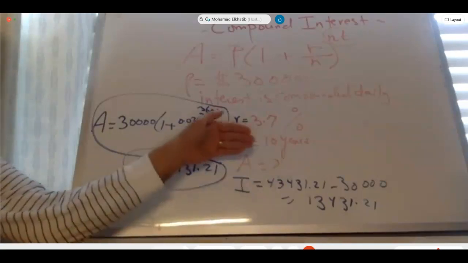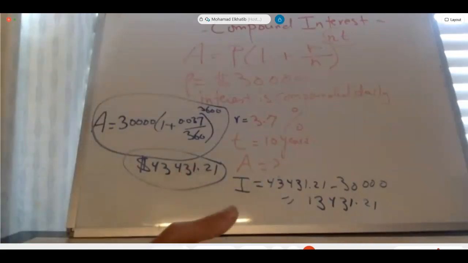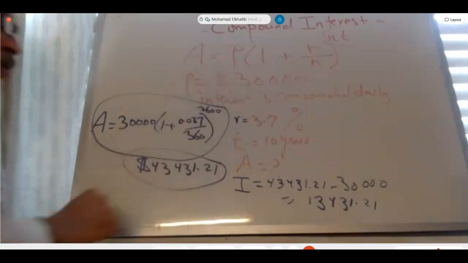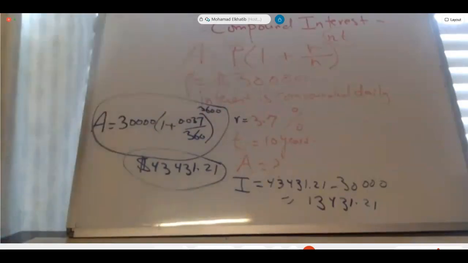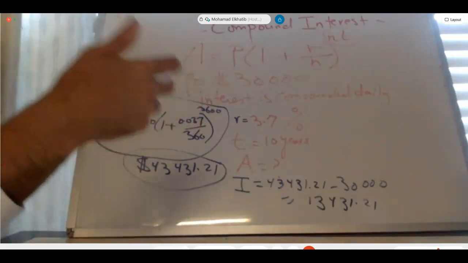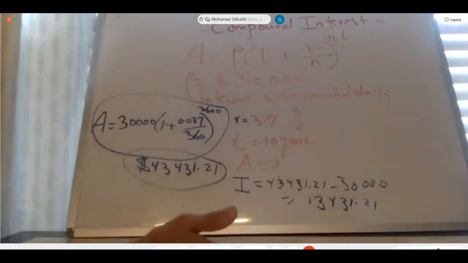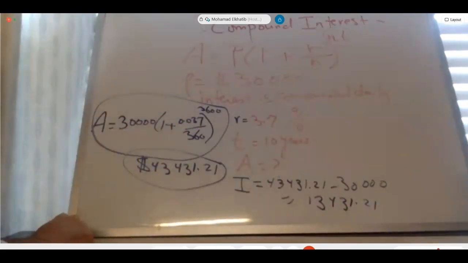As you notice, the fewer years you take to pay your loan, the less interest you pay. And the better the interest rate, the less interest you pay. Got it? When R is small and T is small, you save money. When R is large and T is large, you don't save money. Does that make sense, everybody? Yes.